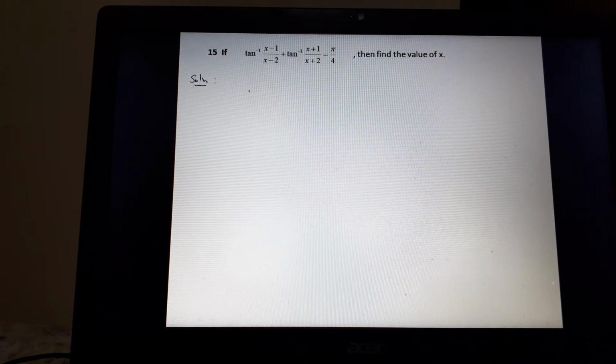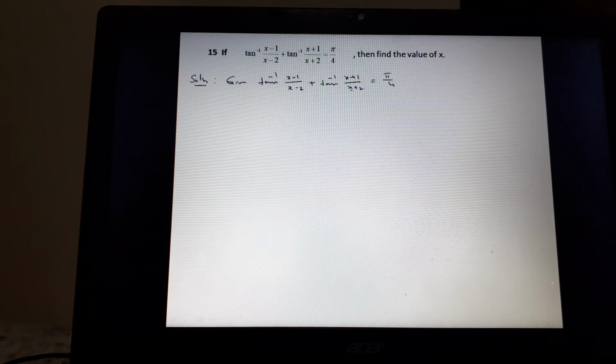So let us take the given: tan inverse of x minus 1 by x minus 2 plus tan inverse of x plus 1 by x plus 2 equals pi by 4.